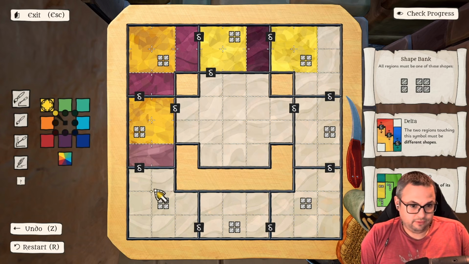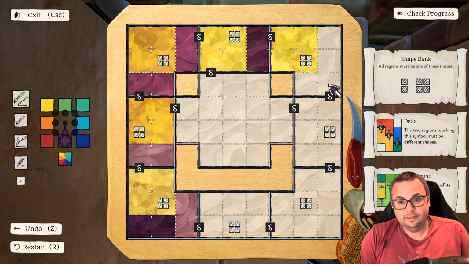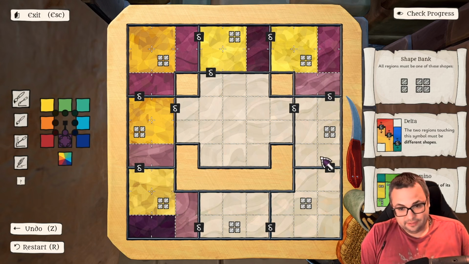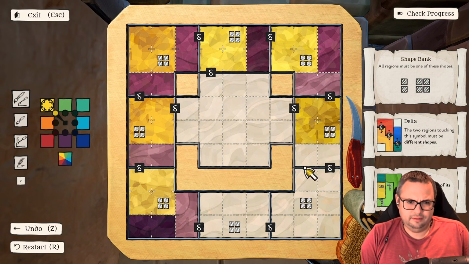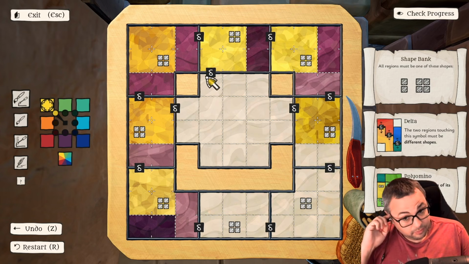So that forces that, which forces that, which forces that, forces that, forces that. Both of these are dominoes. That's a domino.